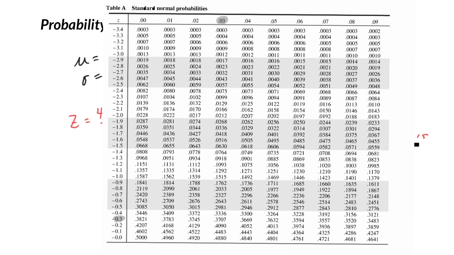If you track these two to where they meet, this is negative 0.33. So 0.3707, or 37.07%. Okay, so that's the way we can read this off a table.